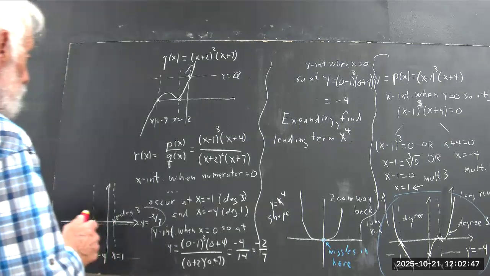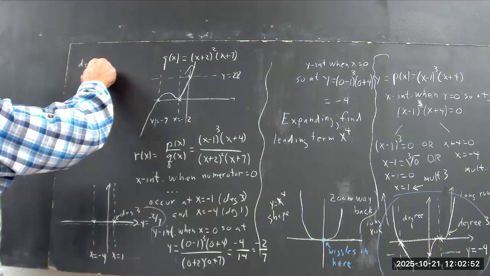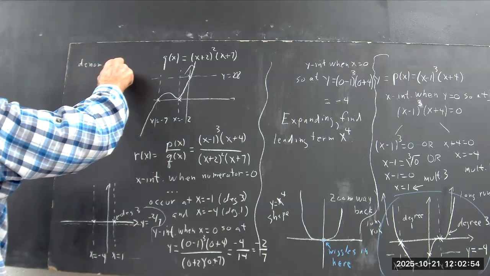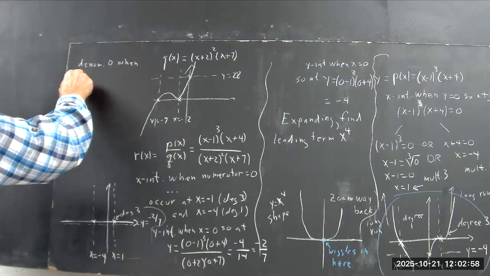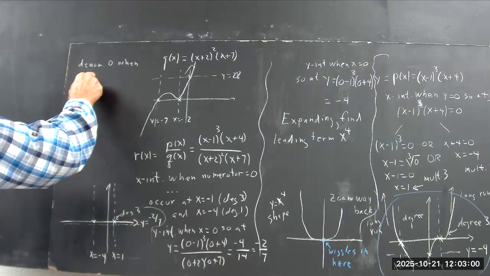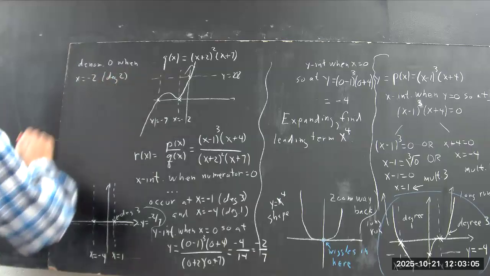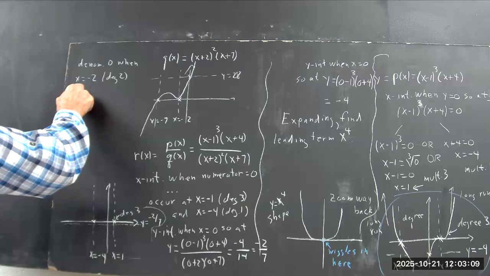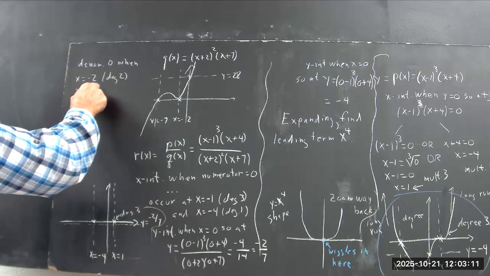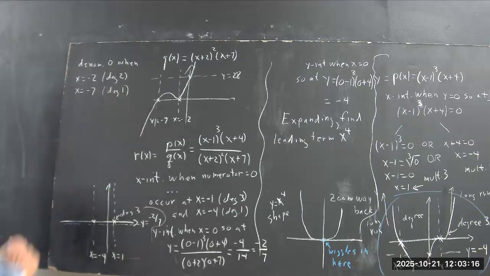Okay, now denominator is 0 when x equals negative 2, which is of degree 2, x equals negative 7, degree 1.